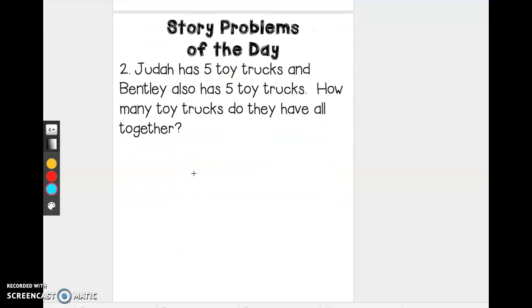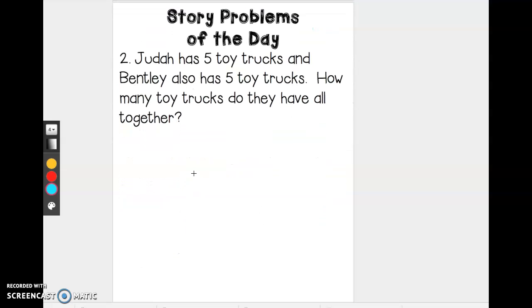All right, on this next story problem of the day, I want us to read it and I want us to picture it in our mind. So Judah has 5 toy trucks and Bentley also has 5 toy trucks.